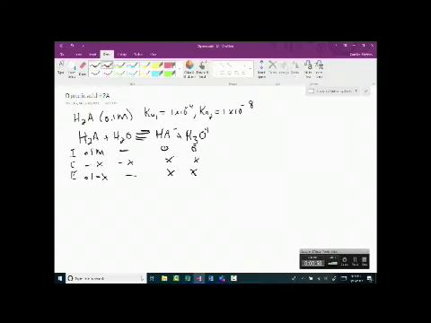The problem you run up against now is the HA minus goes on to react with water, and you have to solve systematic equations on this. I get A minus 2 plus H3O plus.